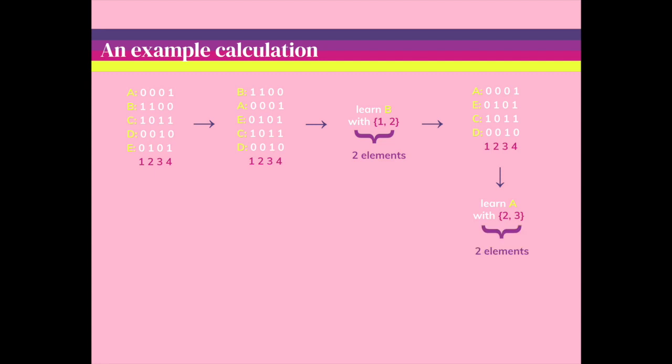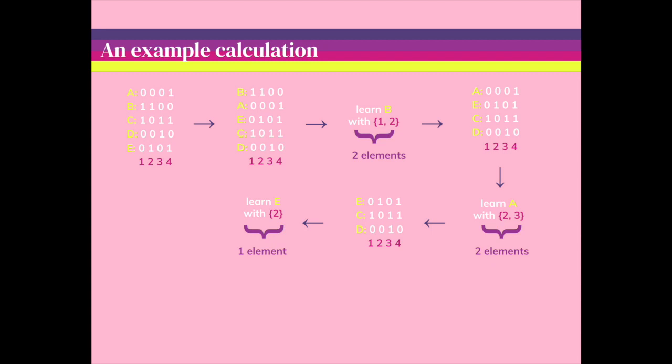We eliminate string A from our set, and we're left with strings E, C, and D. Since E is now the least complex in the set, we learn that one. We can learn it with actually just 1 element, column 2. If we just look at column 2, E has a 1, while C and D both have 0s. So we can distinguish E by this 1 position.